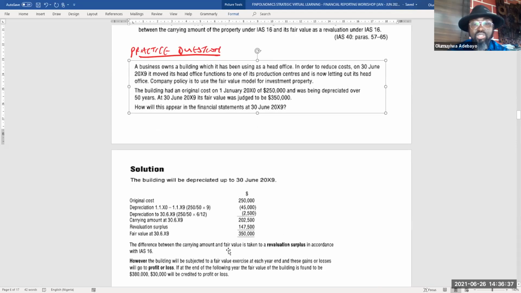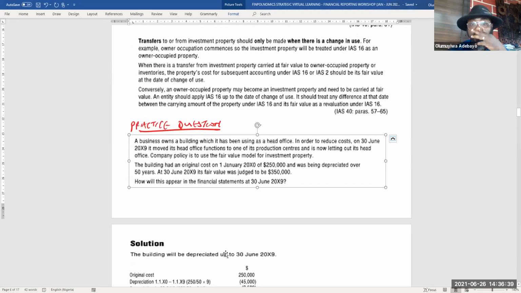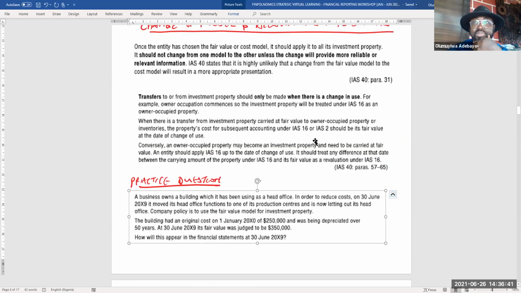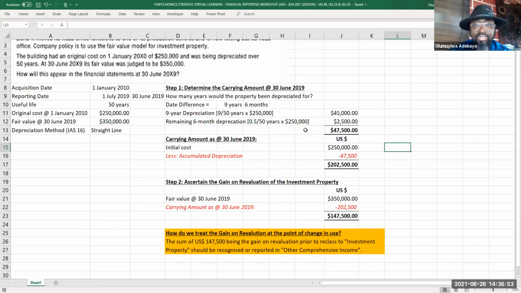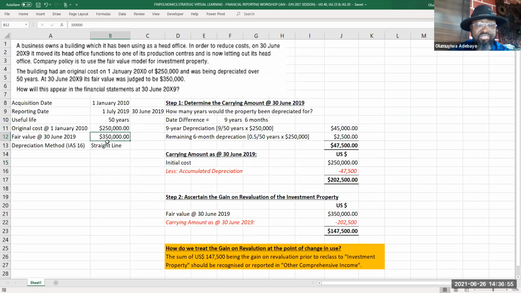Now, let me ask you a simple question. What would have happened if it were to be a revaluation loss in this case, let me say this is not 350. Eventually, this is 180.